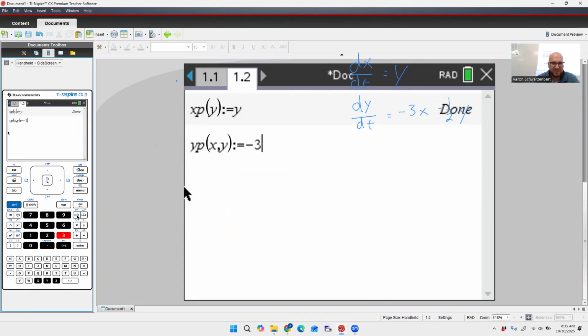And that's negative 3x minus 0.5y. And h is going to be 0.1.